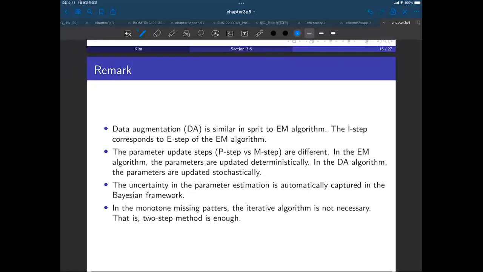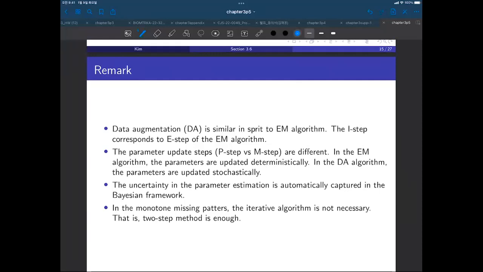Why? Because in the EM algorithm, the parameters are updated deterministically. That means you can check the convergence. If you program it, you have a sequence of theta hat from the iterations, and you use epsilon to determine the pointwise convergence.